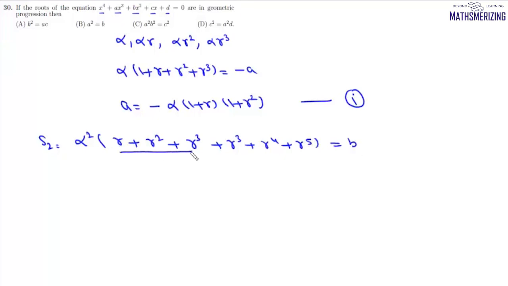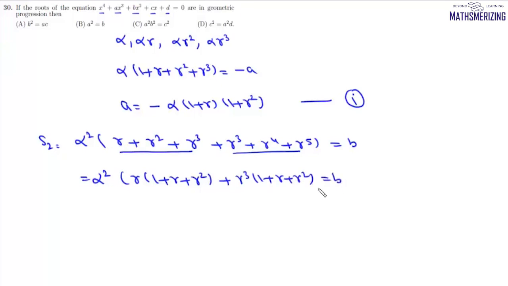Now here we'll take r common and here we'll take r cube common, so we'll get alpha square into r 1 plus r square plus r cube 1 plus r square, and it'll be equal to b. So we'll get alpha square r into 1 plus r square into 1 plus r square, and it will be equal to this b, which is our second equation.